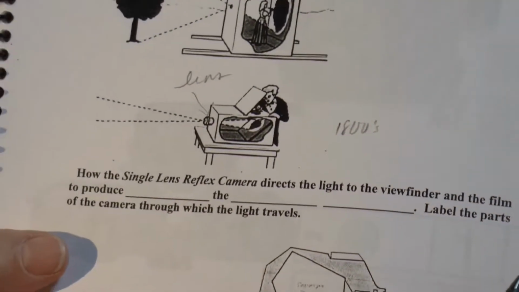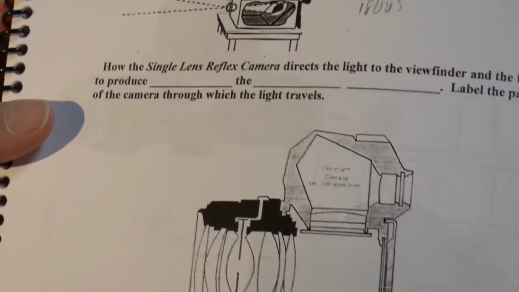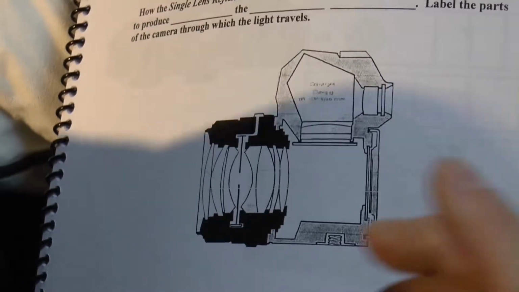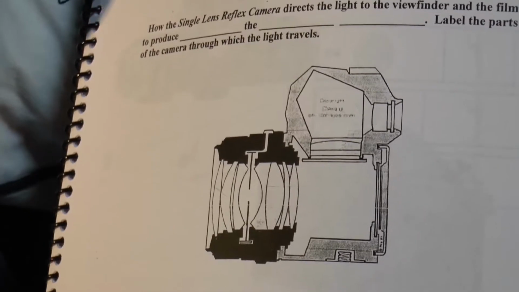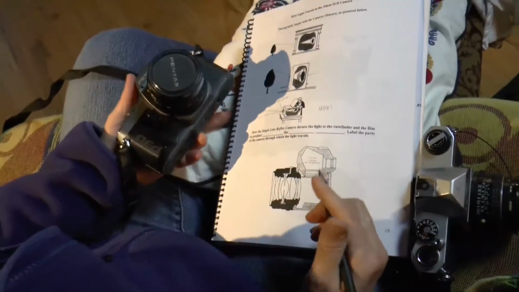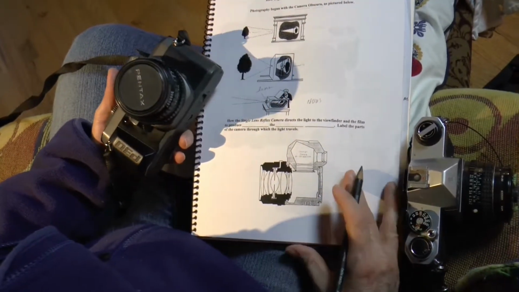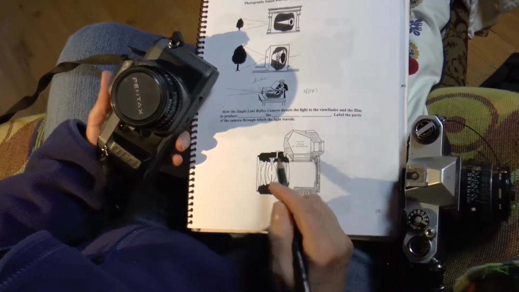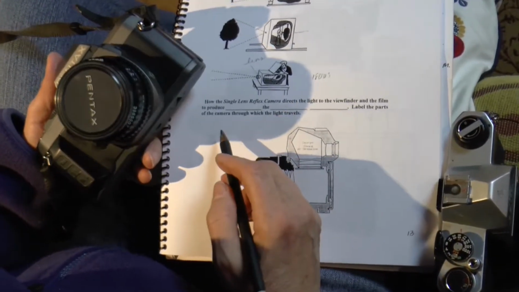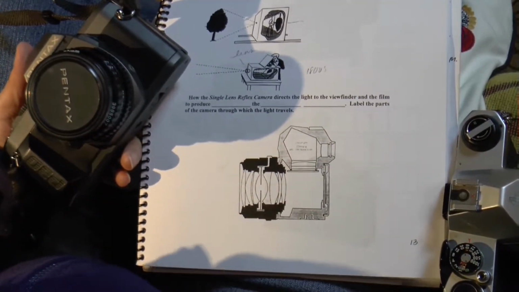Now we have a single lens reflex camera, which people think is ancient now because not that many people use film cameras, but we do, and we're lucky that we do. And here's one right here. And so it says how the single lens reflex camera directs the light to the viewfinder and the film to produce, what do you think that should be?